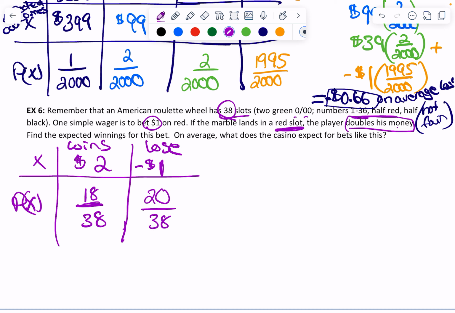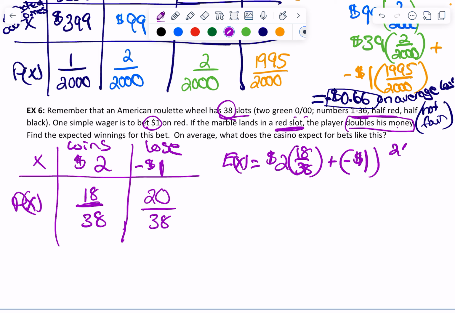Okay, we are going to look at the expected value here. So $2 times 18 over 38 plus negative $1 times 20 over 38, which gives us a $1.42.